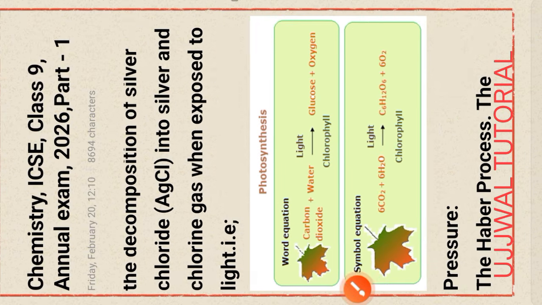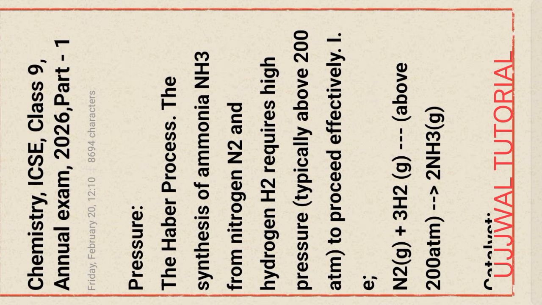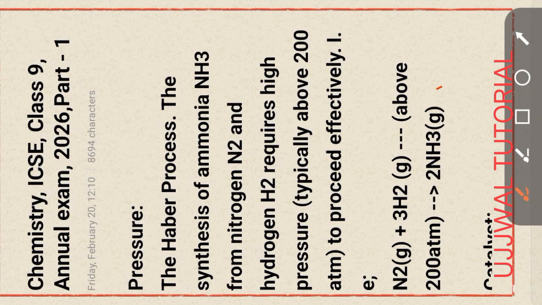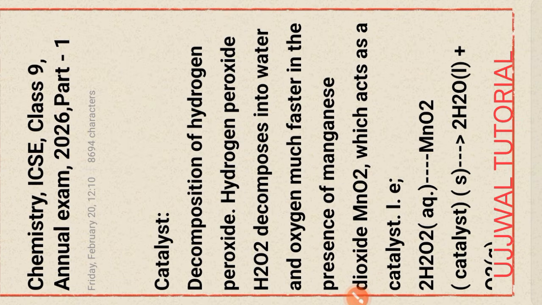Next part, pressure. In the Haber process, the formation of ammonia, nitrogen reacts with hydrogen at a pressure above 200 atmospheres to form ammonia, NH3. Okay, next part, catalyst.